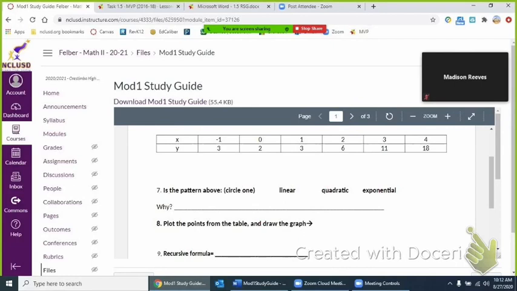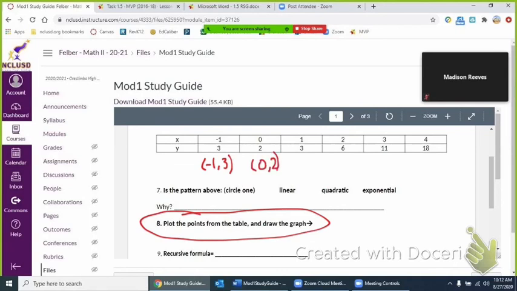So this part now. Plot the points from the table and draw the graph. Okay, so we haven't really done this a whole lot yet with the graphs, but all you're doing is plotting these points. So like this one right here is left 1, up 3. This one's over 0, up 2.